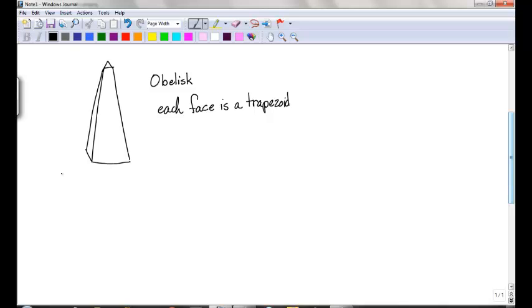The author also defines an isosceles trapezoid. Think about an isosceles triangle. An isosceles trapezoid is a trapezoid with congruent legs.